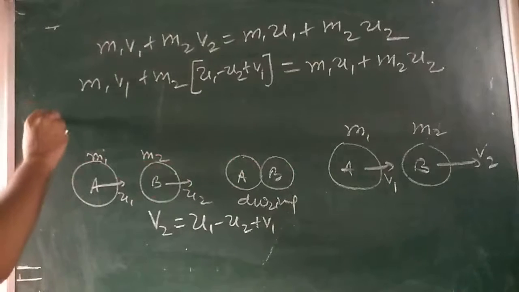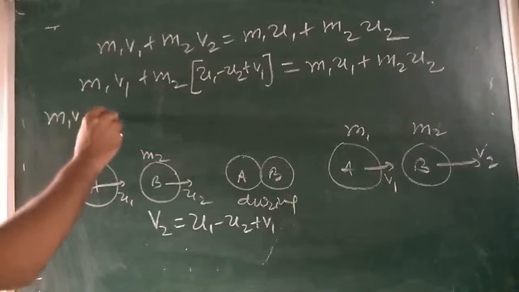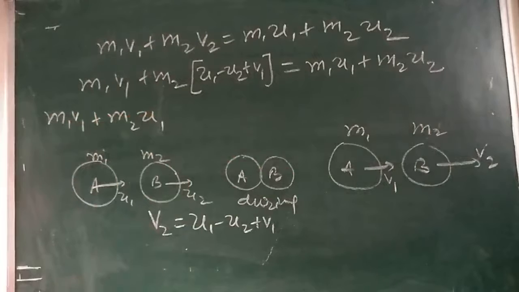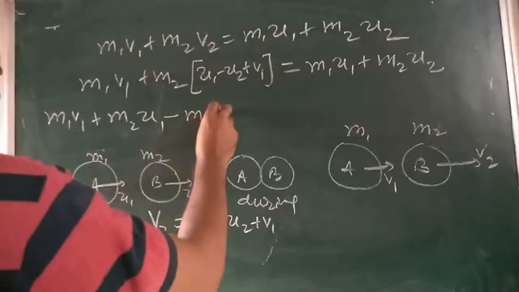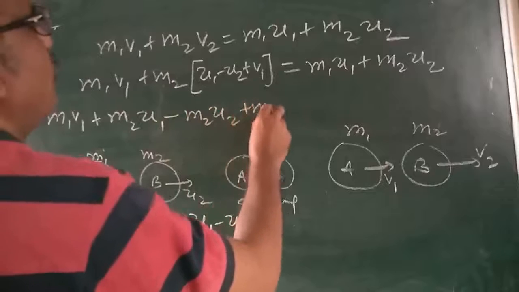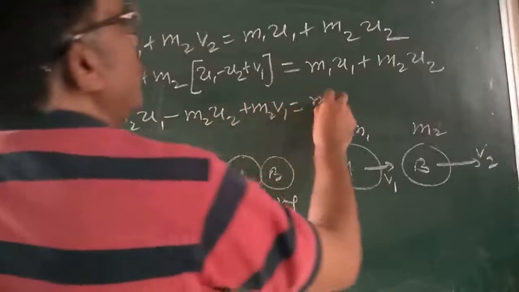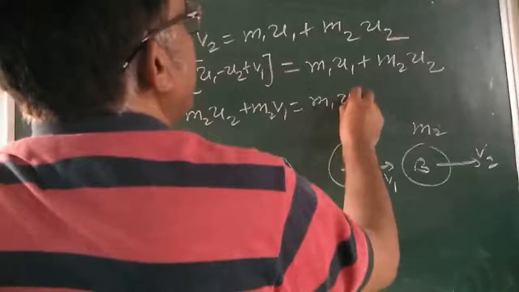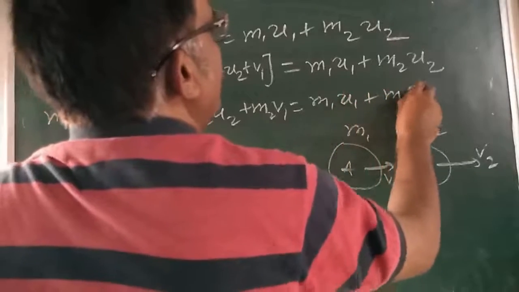So solve it. m1 v1 plus m2 multiplied by u1 minus u2 plus v1, that is m1 v1 plus m2 u1 minus m2 u2 plus m2 v1 is equal to m1 u1 plus m2 u2.